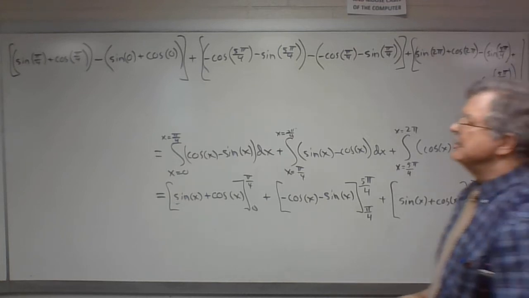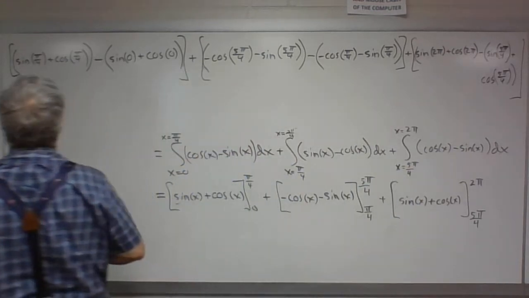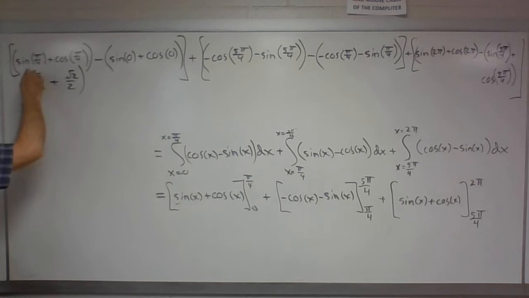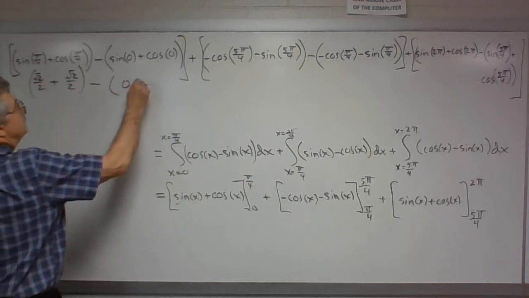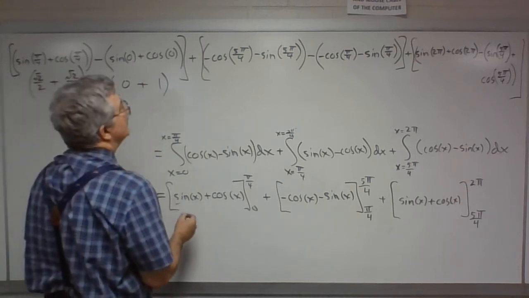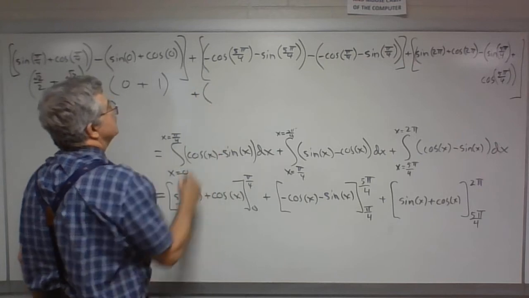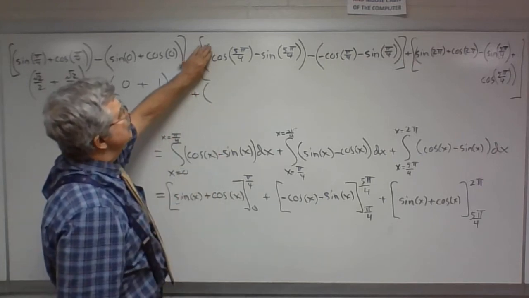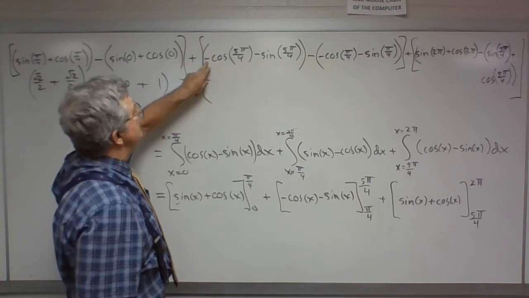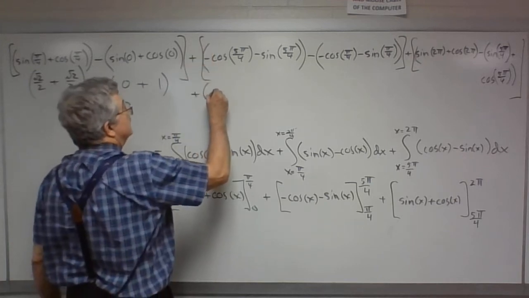And let's see what this turns out to be. Square root of 2 over 2, square root of 2 over 2, minus 0 plus 1, plus cosine of 5 pi over 4 is negative square root of 2 over 2, but we have a negative sign out in front.